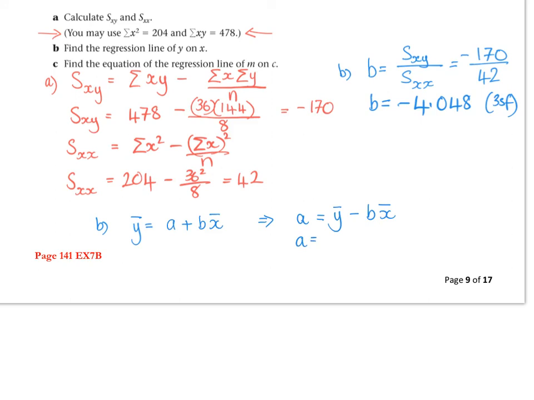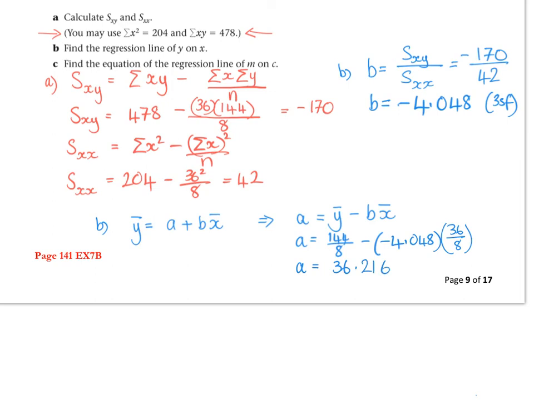So a is equal to, well, y bar is simply 144 over 8, and b we worked out to be minus 4.048 times x bar, which is 36 over 8. So a works out to be 36.216. So work to 3 decimal places there.